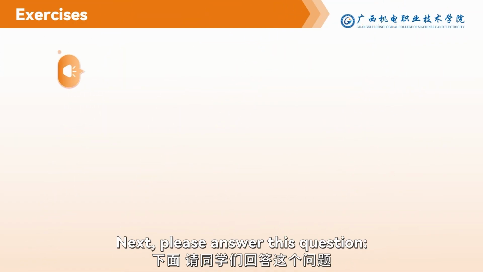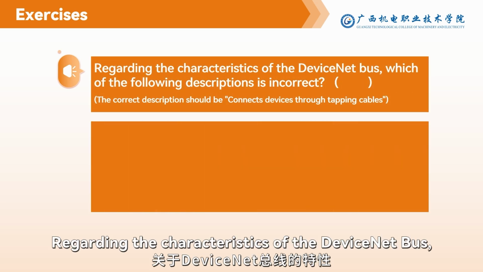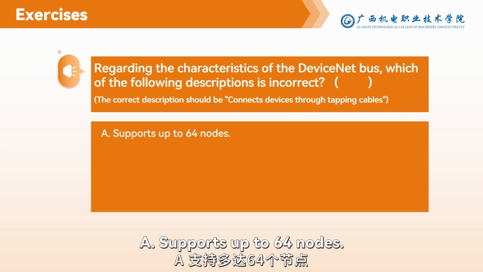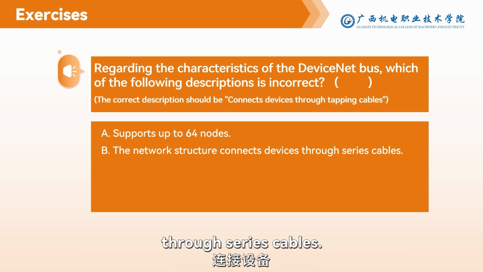Next, please answer this question regarding the characteristic of the DeviceNet bus. Which of the following descriptions is incorrect? A. Supports up to 64 nodes. B. The network structures connects devices through serial cables.